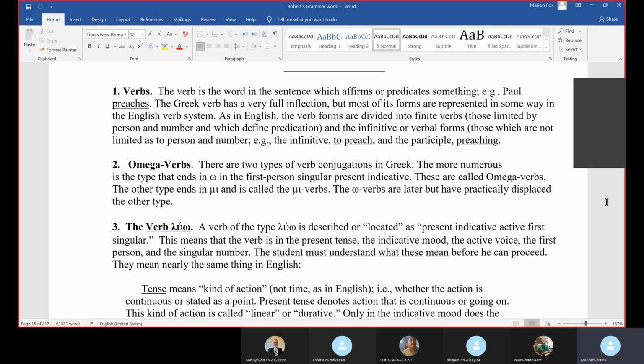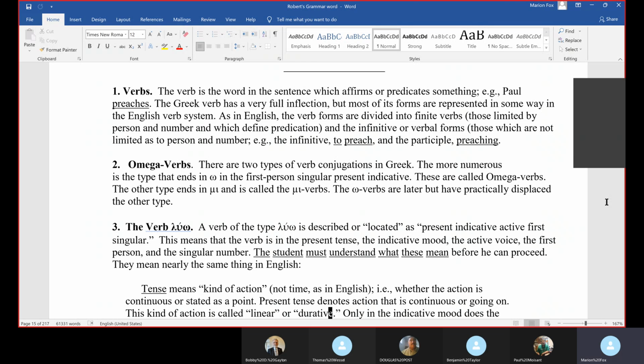So these are infinite. Now what we mean by finite, it is either first or second or third person, or singular or plural. So it is not a reference to everybody. First person would be the one speaking, the second person will be the one spoken to, and so forth. So that's a finite verb.